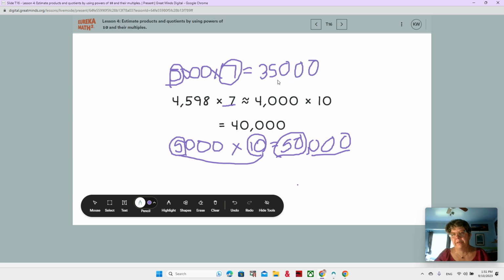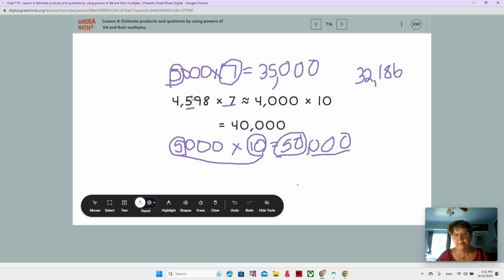Okay, so we have 3 different estimates here. We have 40,000, we have 50,000, and we have 35,000, right? The actual answer is 32,186.